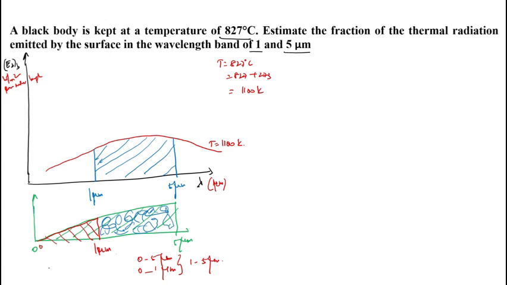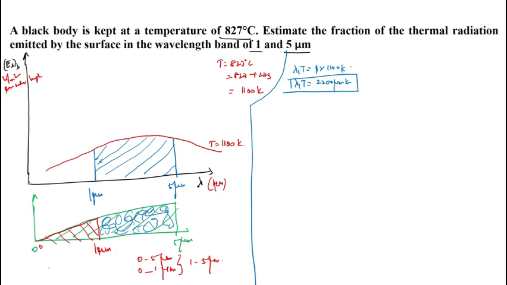For that, the first step we require is to find lambda 1 into T. Lambda 1 is equal to 1 micrometer. So 1 into the temperature 1100 Kelvin, 1 micrometer into 1100 Kelvin. Finally, we get lambda 1 T equal to 1100 micrometer Kelvin.